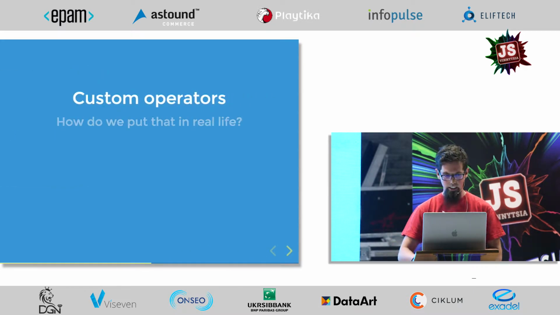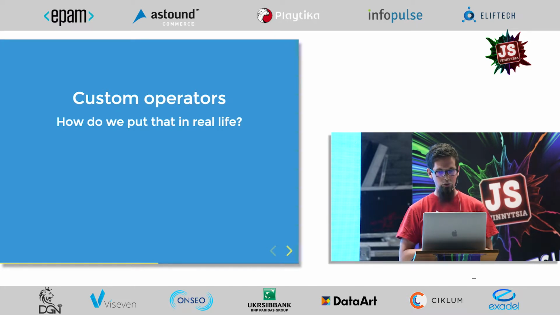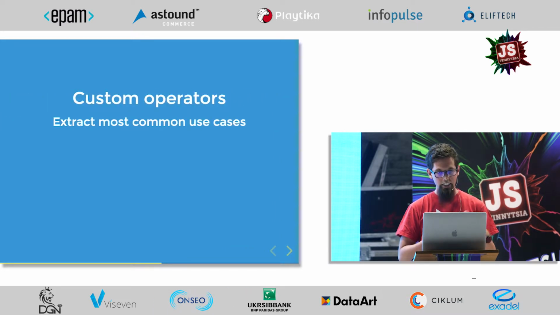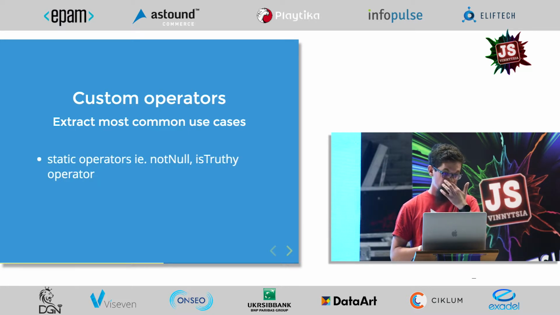So let's put that in real life, and how do we create those custom operators? As I told you, we can extract the common use cases, for example, filtering null or truthy values.